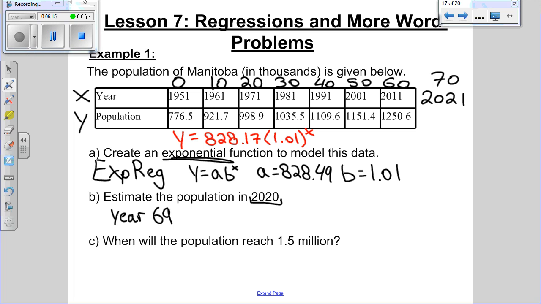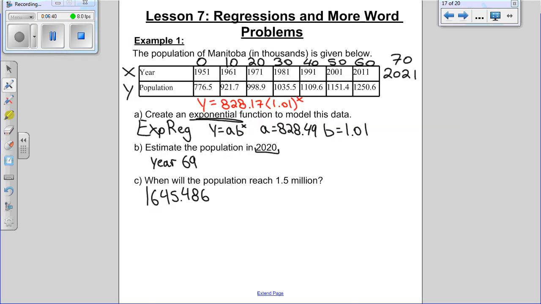So I'm going to go 828.17 times 1.01 to the power of 69, close the bracket, hit enter, and I get 1,635.486. So all I did was I put 69 into my equation and calculated on my calculator. I wrote that in the wrong spot.